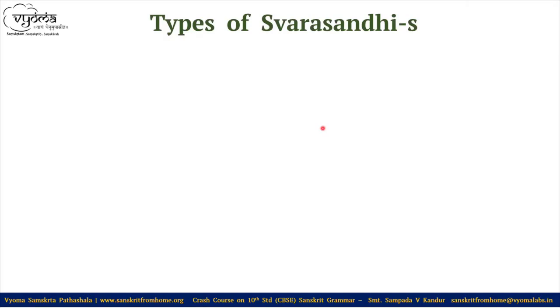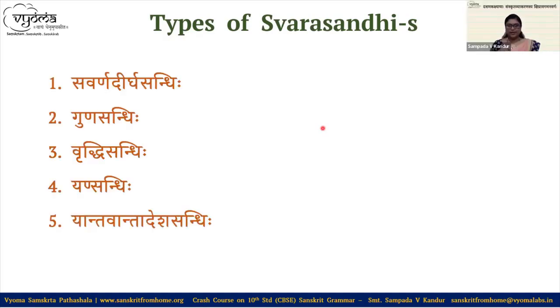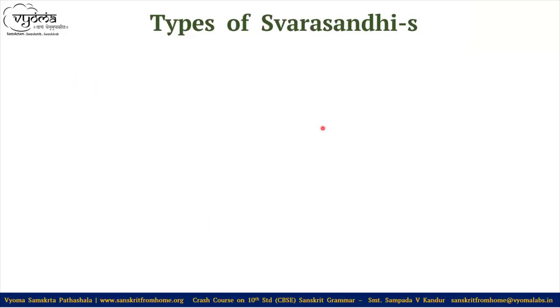Neha. गुण संधिः. No. Always start with the sequence. Okay. Very good. Parth. सवर्ण दीर्घ संधिः गुण संधिः वृद्धि संधिः यण संधिः and the last one I don't know, ma'am.